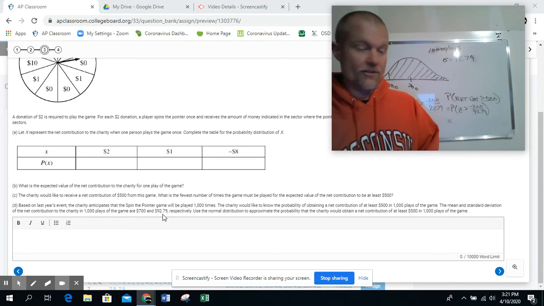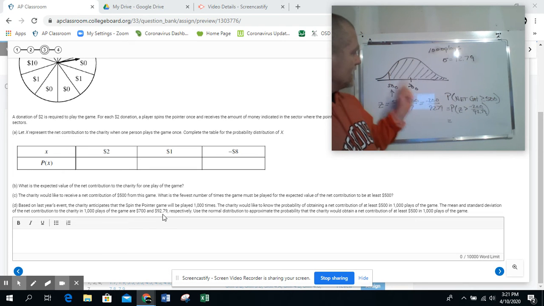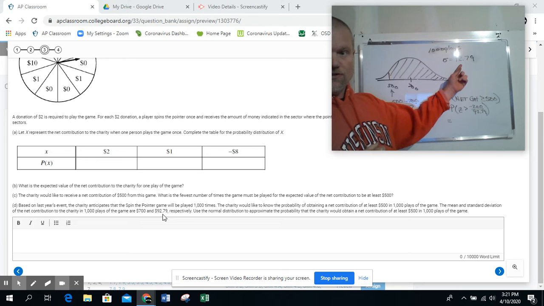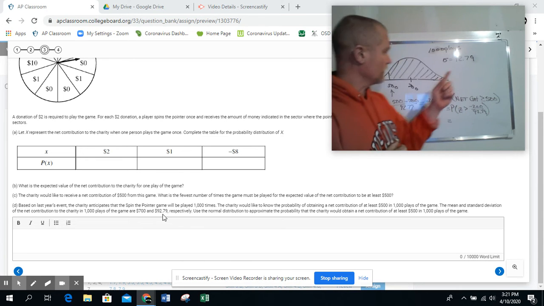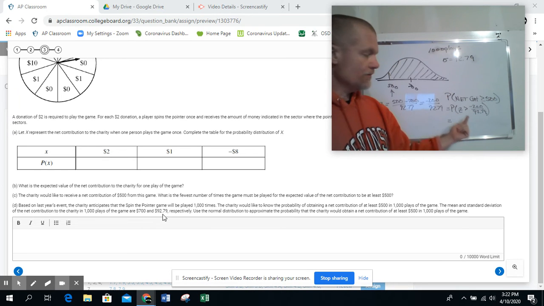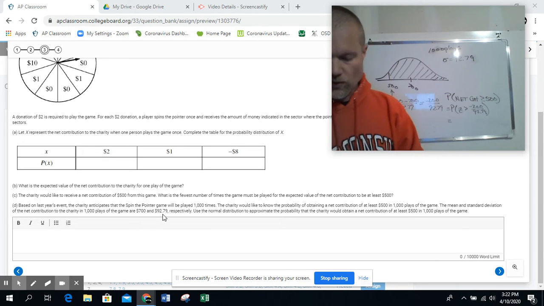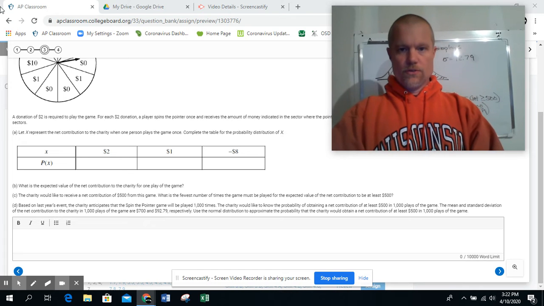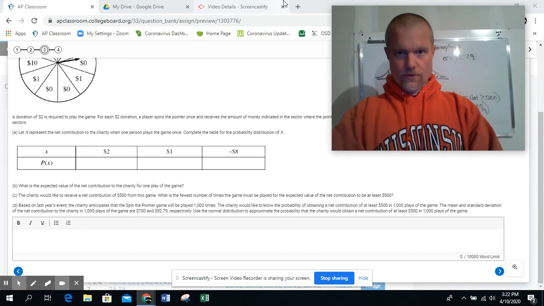You can do your normal CDF, set it at 500, then set your mean and your standard deviation to be what it's supposed to be, 92.79. Or you can get the z-score and leave your mean and your standard deviation at 0 and 1. So I'm just going to go to a normal calculator real quick.